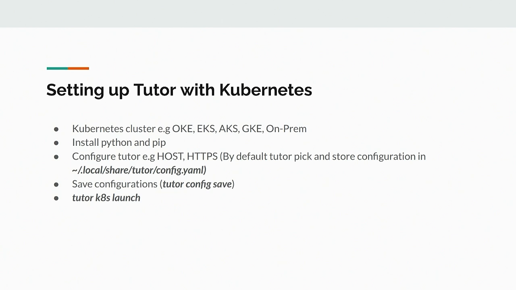It saves its configuration in local share tutor, in a YAML file. You can change all the configurations in that YAML file. Once you change your HTTP host or anything like that in the YAML file, you can save the configurations and then just run tutor k8s launch, and it will launch.